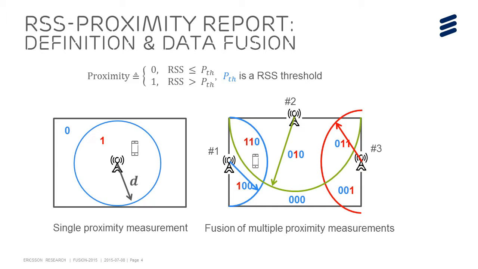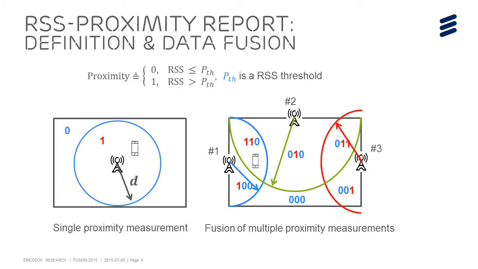For the time being, let's simply assume that the RSS measurements are noise-free and the environment is homogeneous. We can relate an RSS threshold to a coverage radius d as shown in the figure on the left-hand side. Inside the coverage area, the UE will receive a binary bit 1 with probability equal to 1.